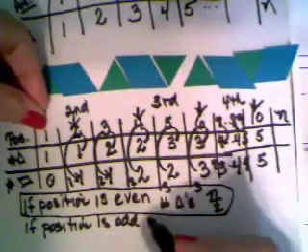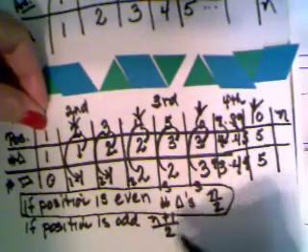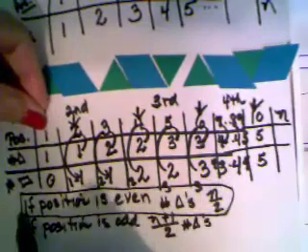So if I take the position and add 1 to it, divide it by 2, that will be the number of triangles.